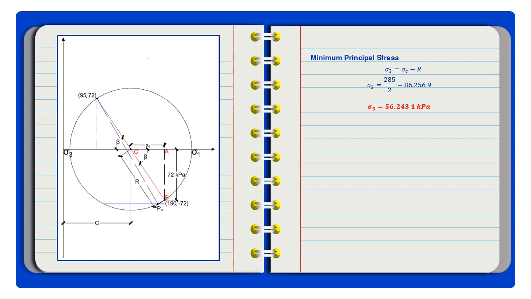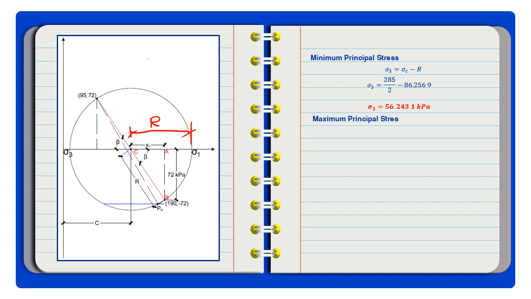Ngayon, for our maximum principal stress naman, which is yung nandito sa side na to, we can now have an addition of the radius of the circle tsaka yung abscissa ng center.